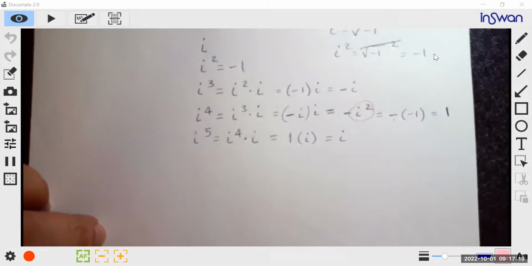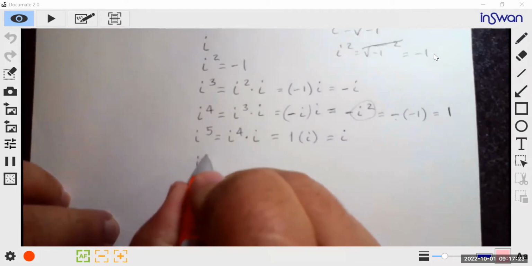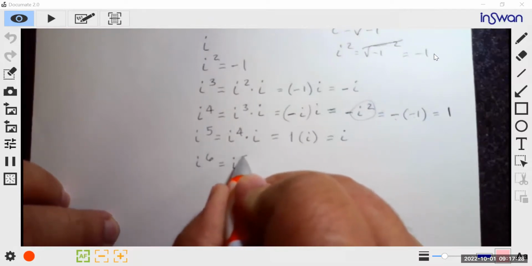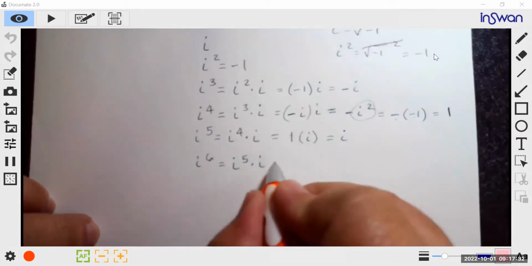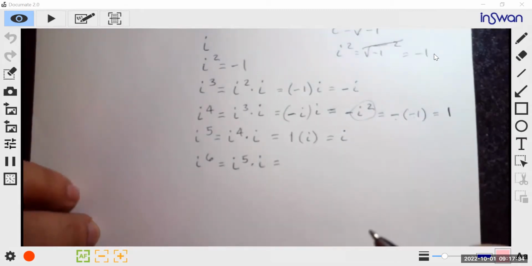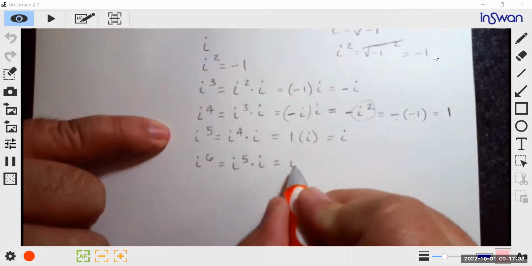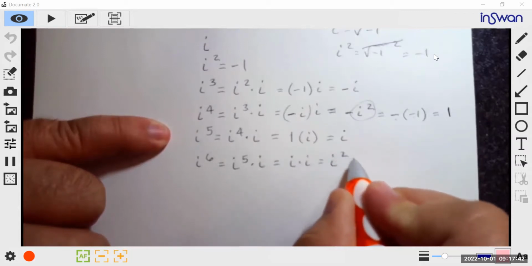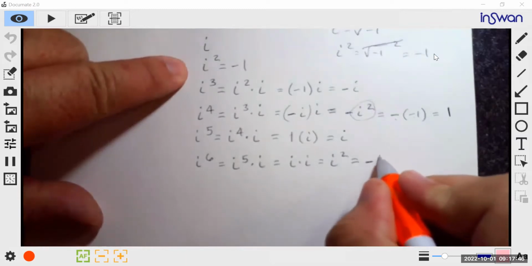I'm building up a library so I can see what the patterns are. i to the sixth is i to the fifth times i. Well, i to the fifth, we just calculated was i. So i times i is i squared. Well, up here we learned i squared is negative 1.